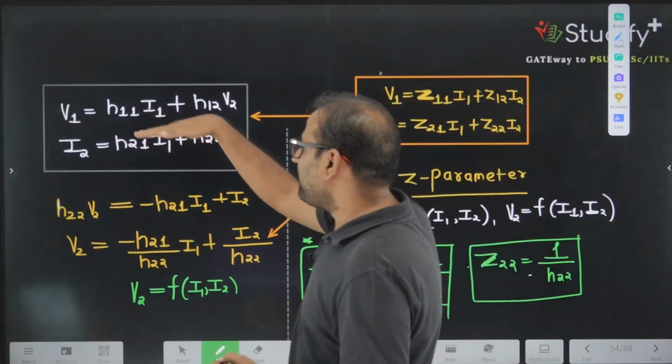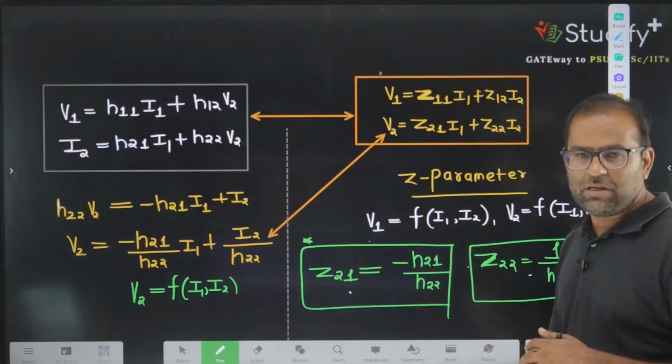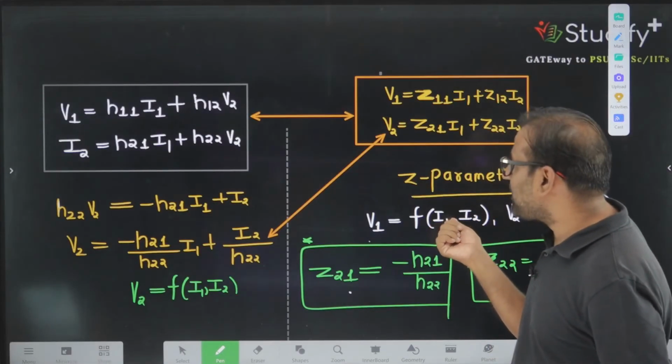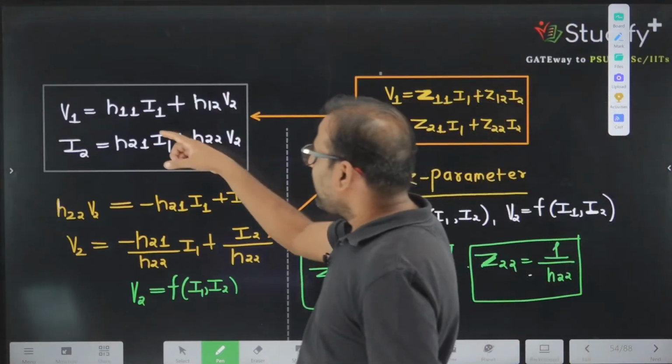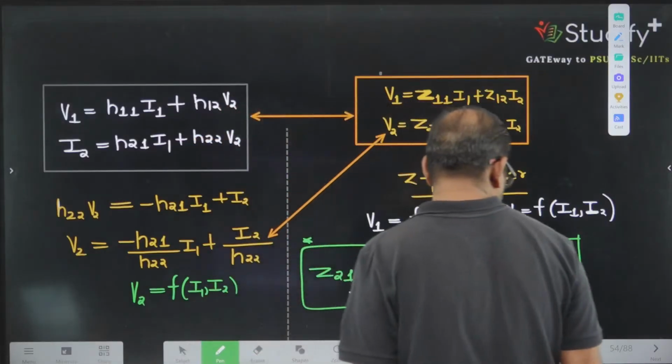What is the problem with the second equation? When you look at the Z parameter, you can observe that V1 is also represented as a linear combination of I1 and I2, and here we have I1 but we don't need I2. So let's modify this.